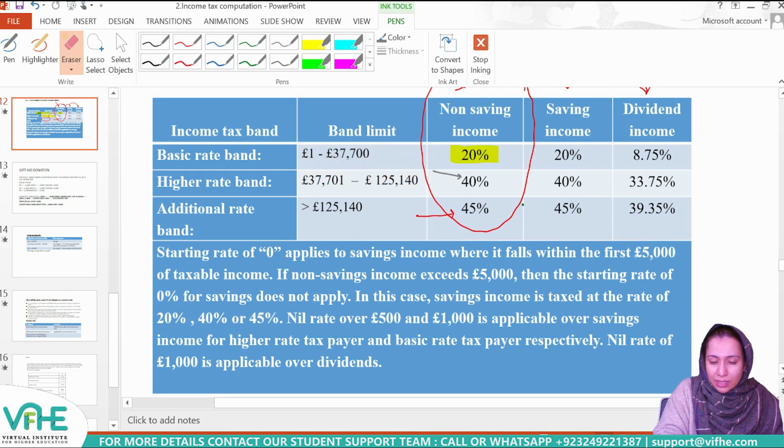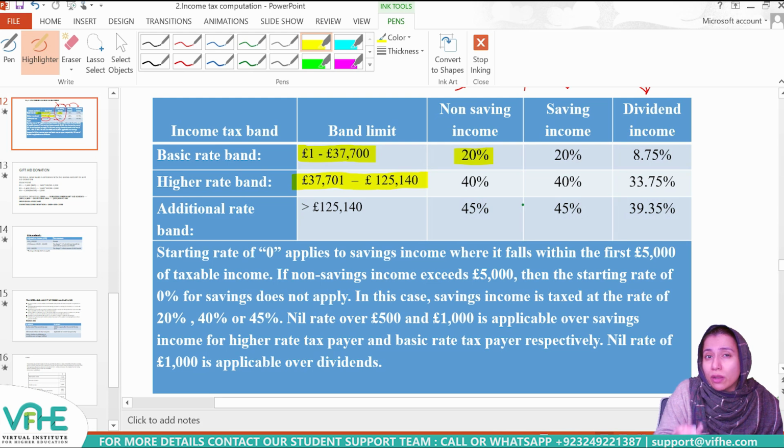This person's taxable income is more than £37,700. So he shall be applying a basic rate of 20%. His income is even more than 37,700. In fact, his income is more than 125,140. So he shall be applying the rate of 40%.